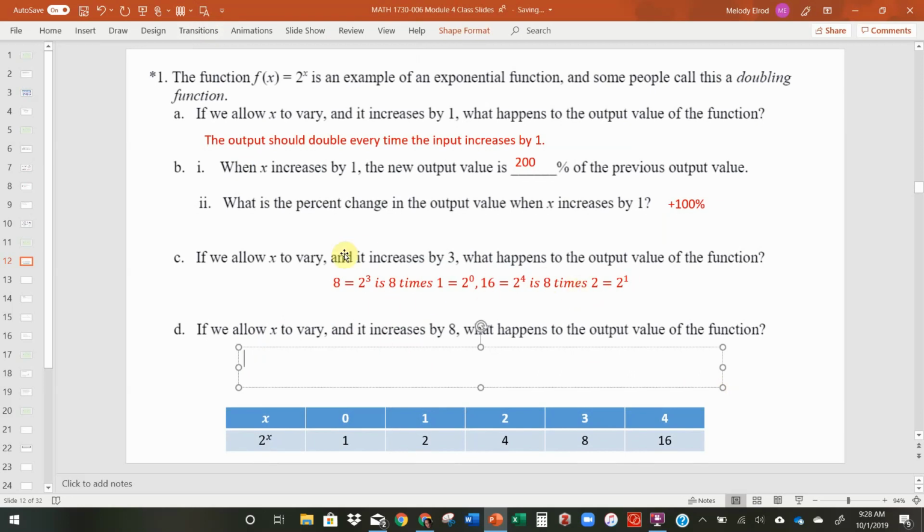We already said that 8 is 2 cubed, and the input increased by 3. So it seems reasonable to assume that when the input increases by 8, the output should increase by 2 to the 8th.